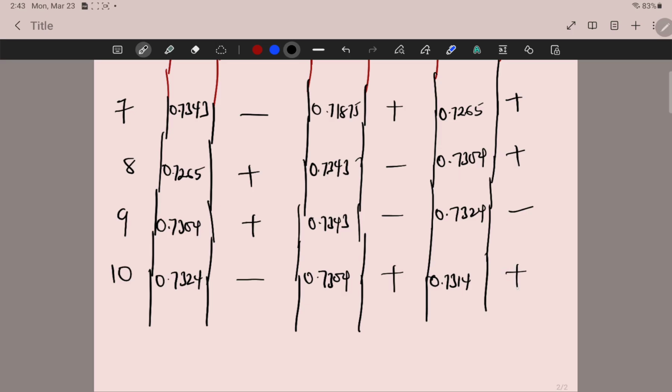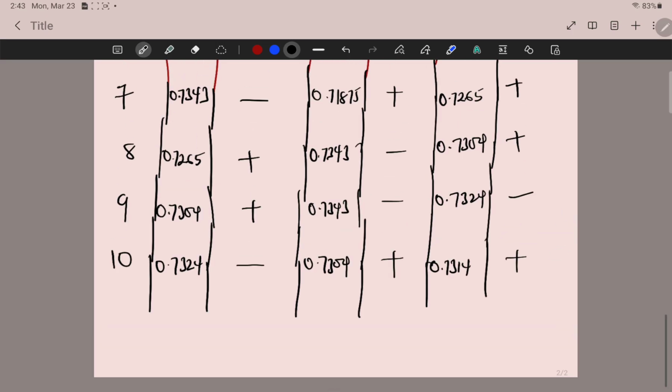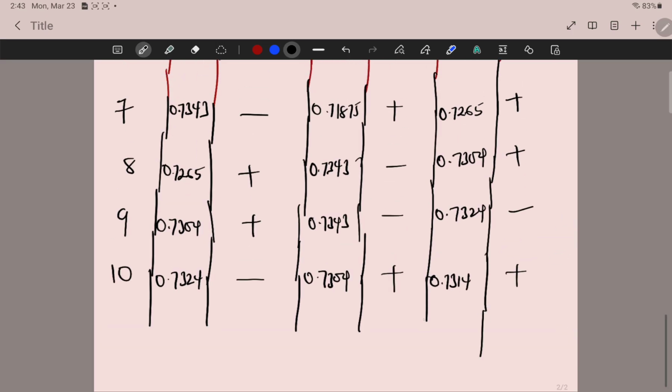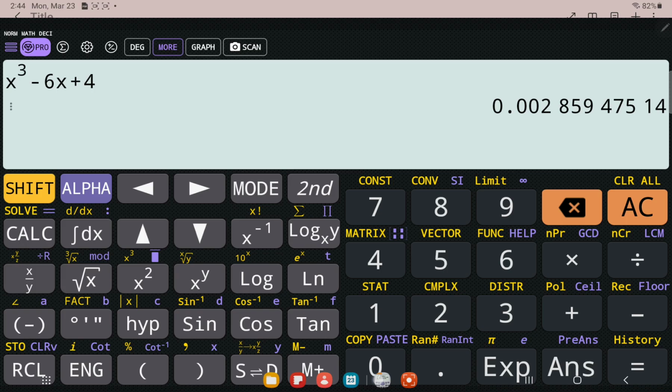Okay, let me do it to the 11th time and see. Bring that newborn baby here. 0.7314, a positive figure. Who was the last person to give me a negative? This guy, 0.7324, a negative. Let's go.